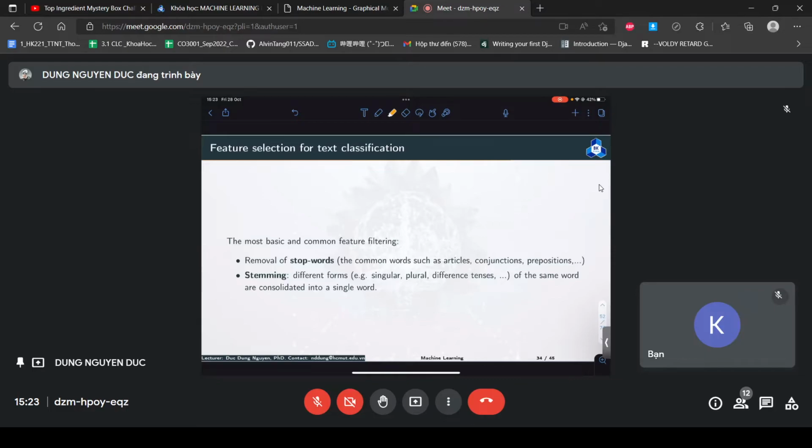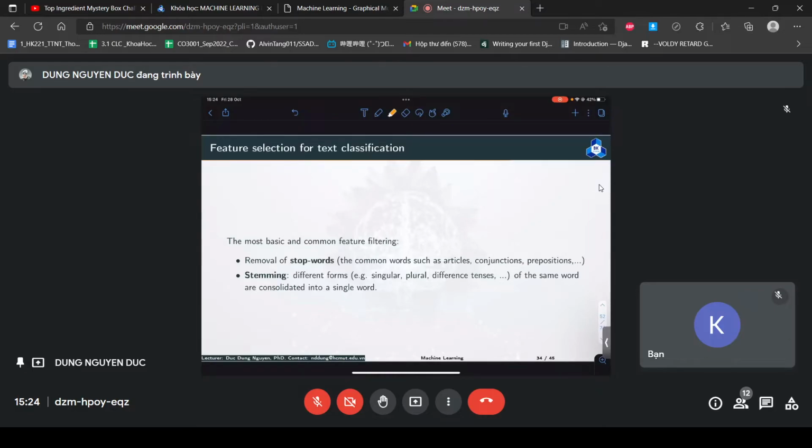The second processing step that people may be interested in doing on your text is called stemming. Stemming means we convert your text from the word's conjugated form into the original form. Let me say, I did it yesterday, and I do it today, and I will do it tomorrow.